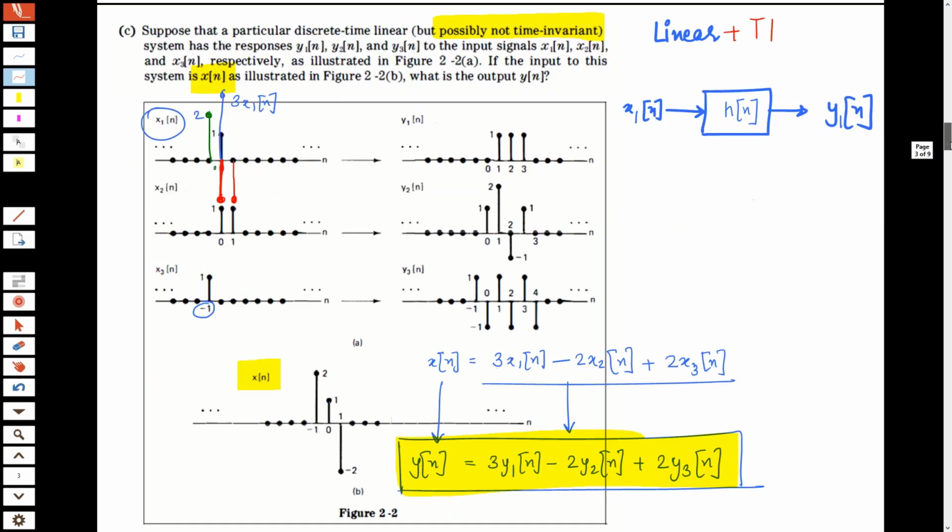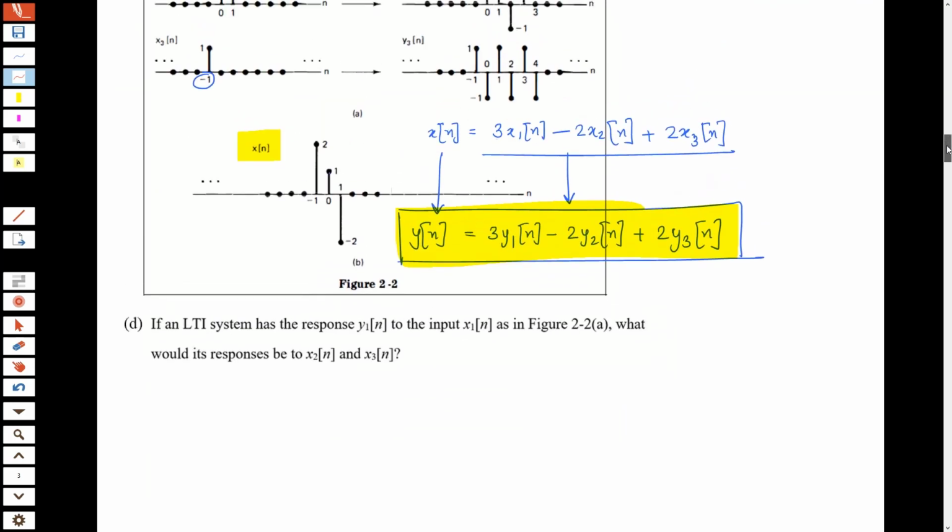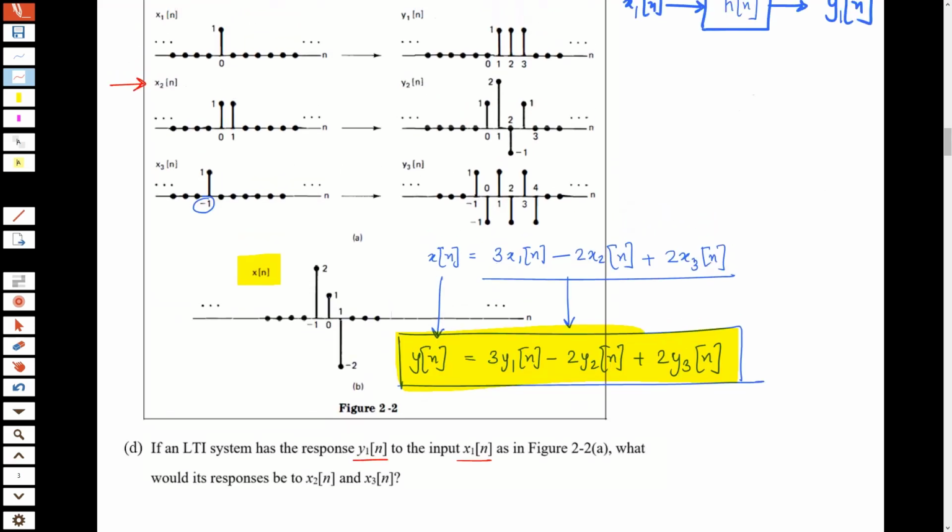So y1[n] is what you know, because we need to write the output in terms of y1[n]. That is what is given. So how do I express x2[n] now?